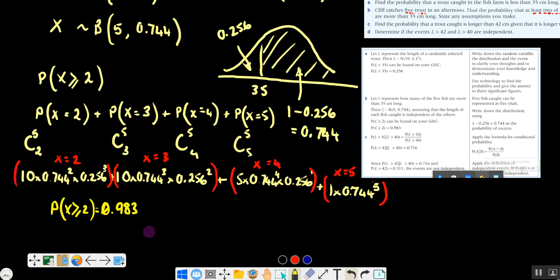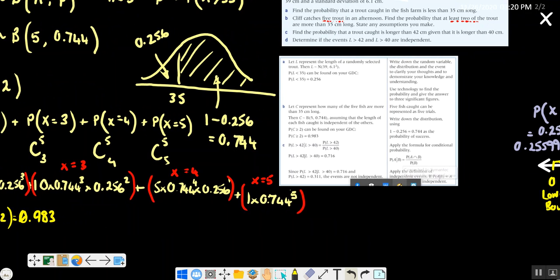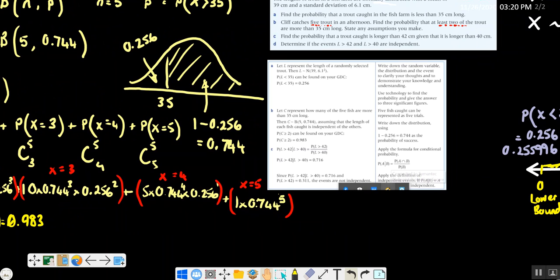Find the probability that a trout caught is longer than 42 centimeters, given that it is longer than 40. So, do you remember the given that, the conditional probability stuff?